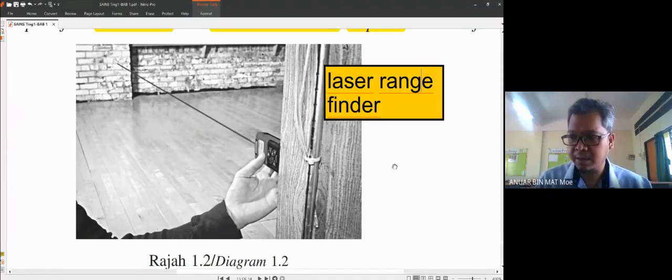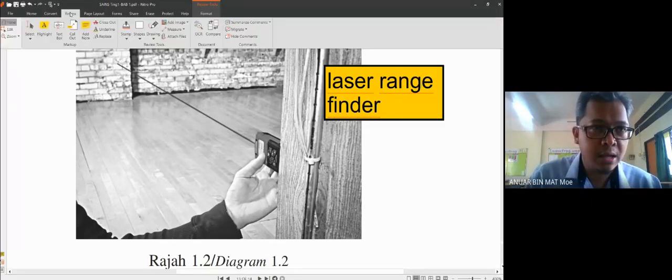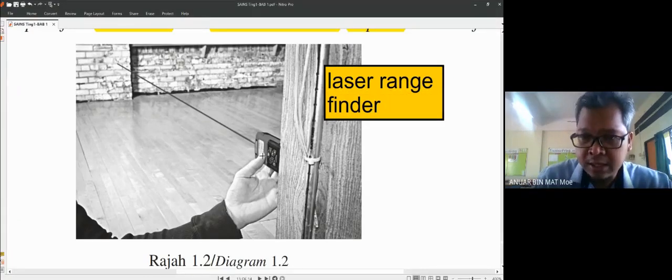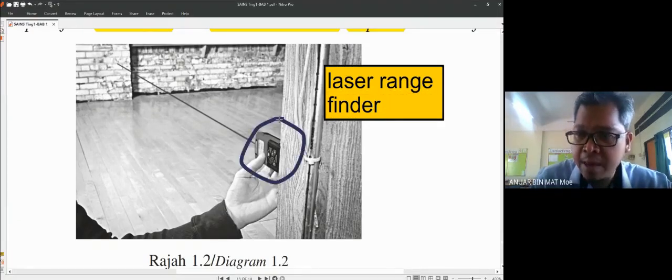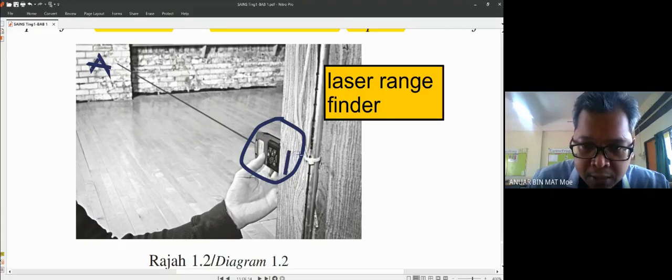Range ini, saya sambung ya. Harap kamu semua dengar ya. Range here, in BM we call it jarak. So, for example, if I refer to the picture here, the device here is able to take the measurement or the range from point A to point B, by using laser.